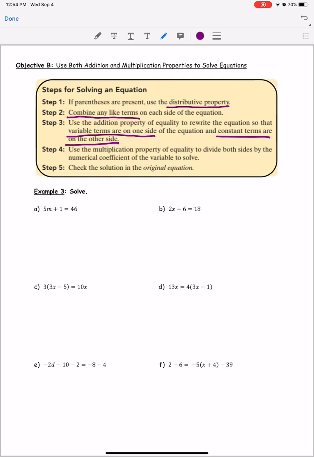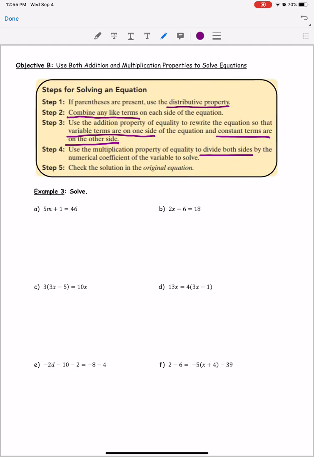Then use multiplication property of equality to divide both sides by the numerical coefficient to solve. And then step 5, you can check your solution. So start at step 1. If step 1 doesn't apply, go to step 2. If step 2 doesn't apply, go to step 3, and keep going until you get to a step that you can use.